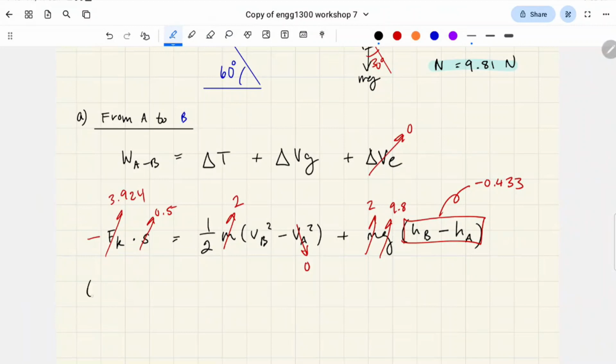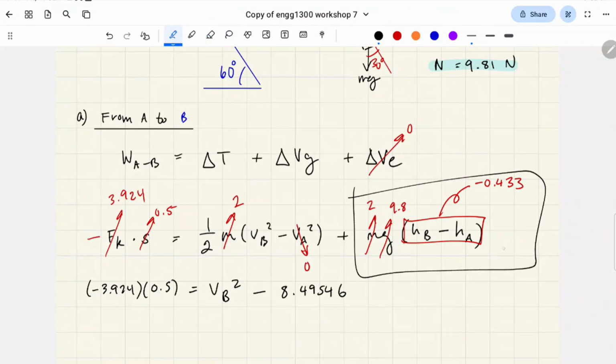Okay, let's just plug this in. So these 2's cancel out, right? It's VB squared. That's what all this turns out to be.